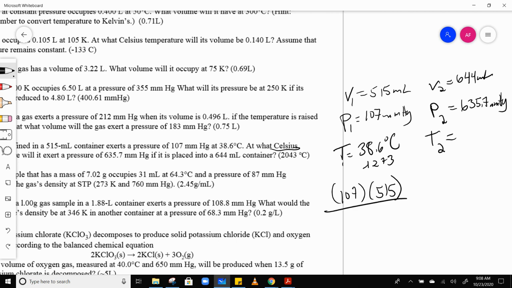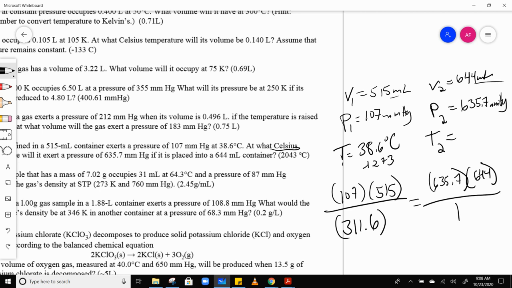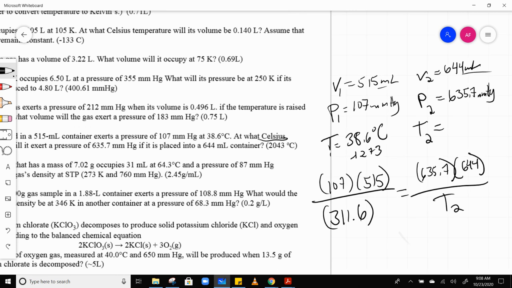T1 is, I'm going to do this one on my calculator: 38.6 plus 273 is 311.6. And then P2 is 635.7. V2 is 644. And it's milliliters, so we're good. And then T2 is what we're solving for.